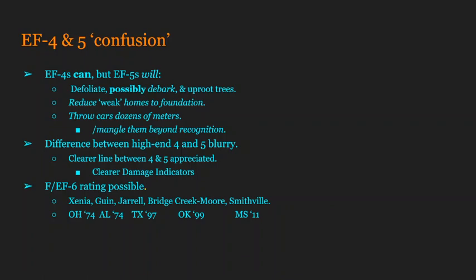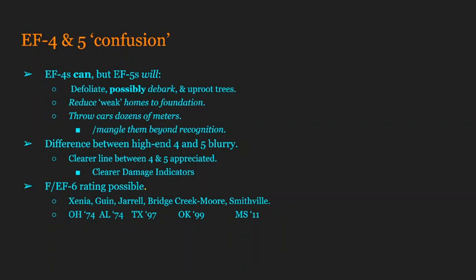EF5s likely will be debarking and uprooting trees. The trees that EF4s do debark and uproot would probably be weaker, which could mean younger or older trees. But EF5s will most likely be debarking and uprooting the trees in the direct path of it.